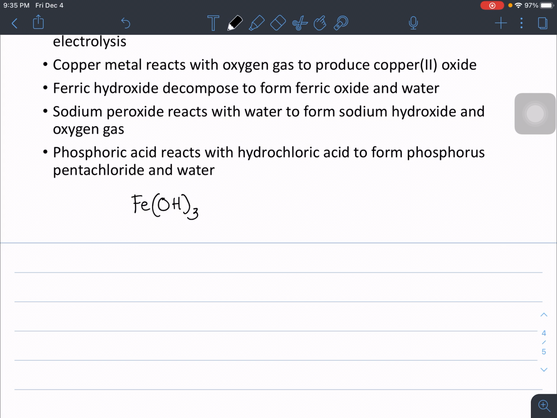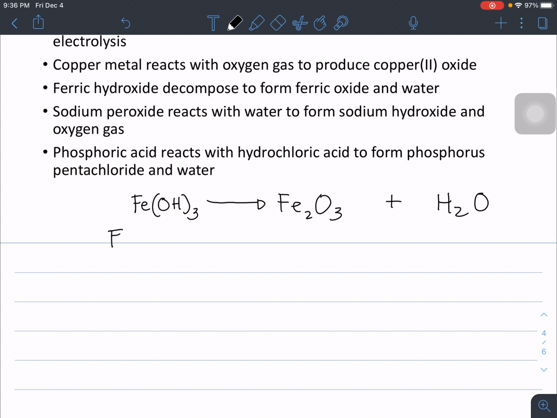However, decompose is usually used when we have one reactant and it results in multiple products. So this will be ferric hydroxide, decompose, so I will place an arrow here to form ferric oxide, which is Fe2O3, and water. So this will be H2O.